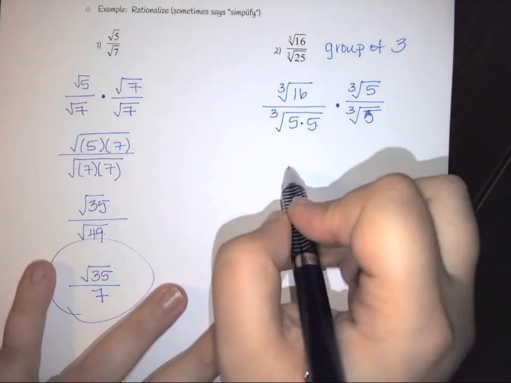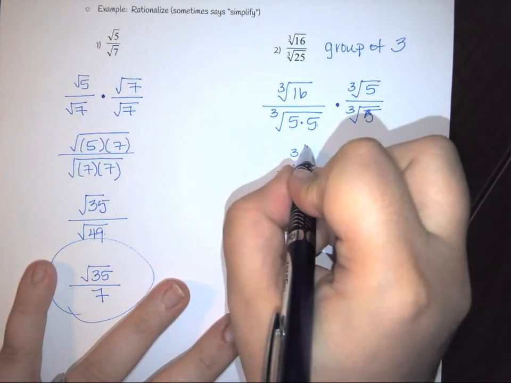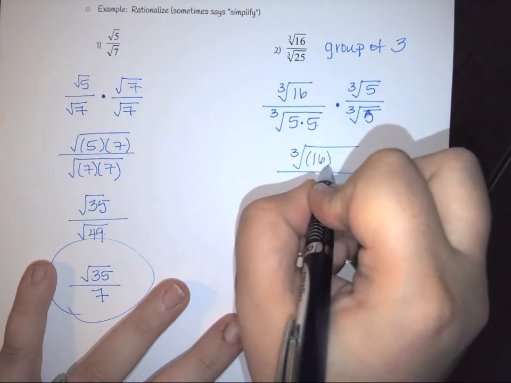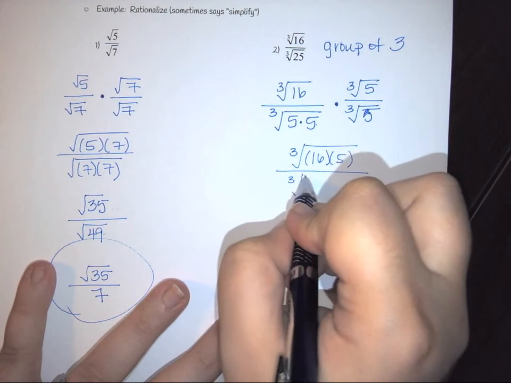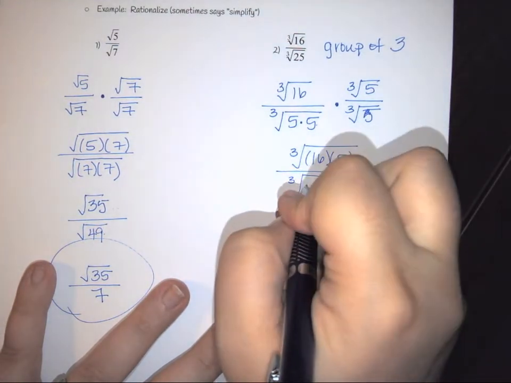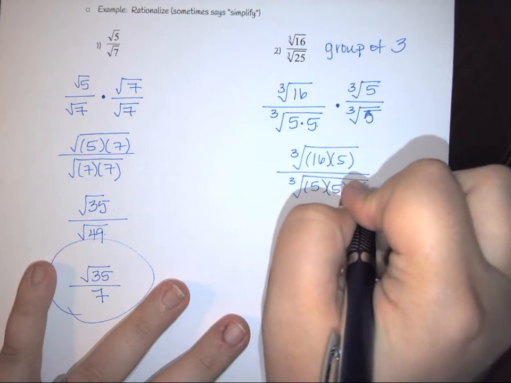So when I do that, across the top I have the cubed root of 16 times 5, and across the bottom I have the cubed root of 5 times 5 times 5.